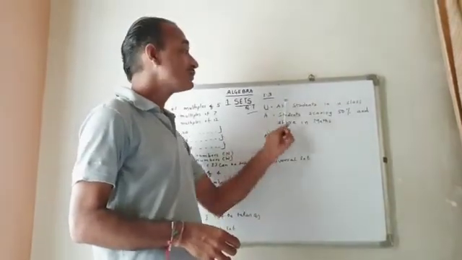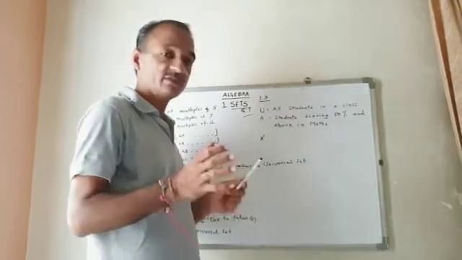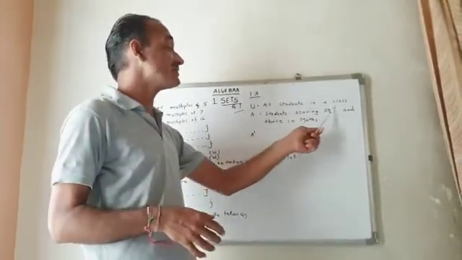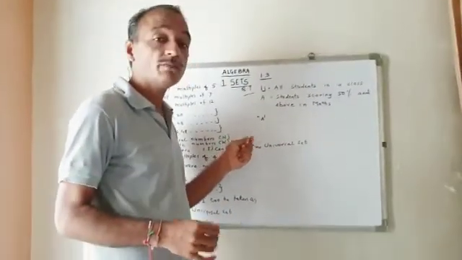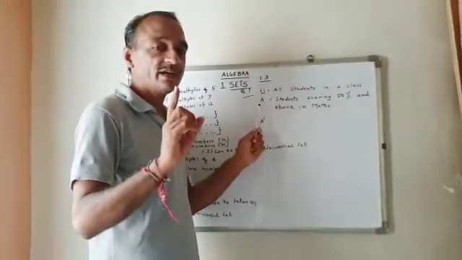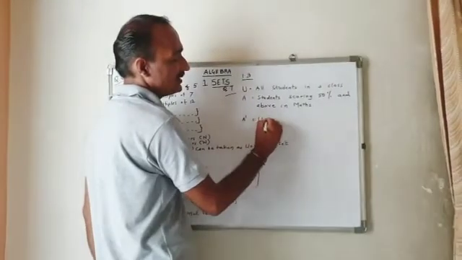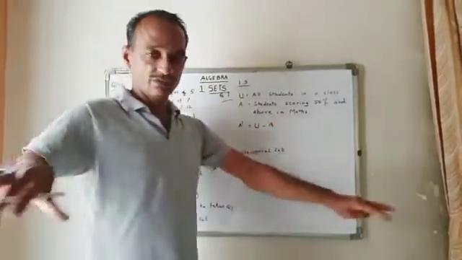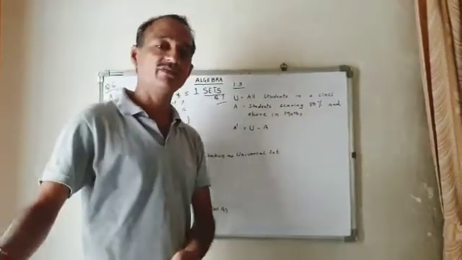Now question number 7 says: the universal set is all students in a class, say 60 or 70, whatever. A is the students scoring 50% and above in maths. Find A complement, which are not included in A. Simple as it is. In the last sum we have already learned that it is universal minus A. Two groups: one scored 50 and above, here less than 50.